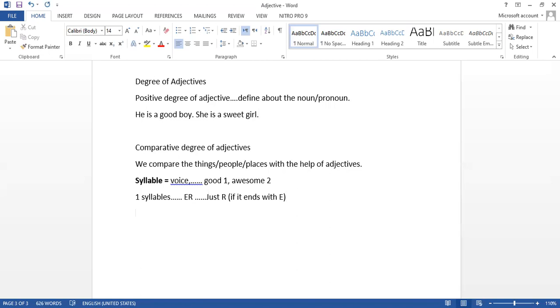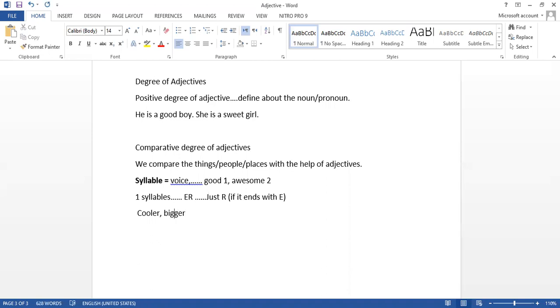I told you, if there is 1 syllable and it is not ending with e, you have to put er. For example, cool, cooler, big, bigger. Now, why did I make double G?